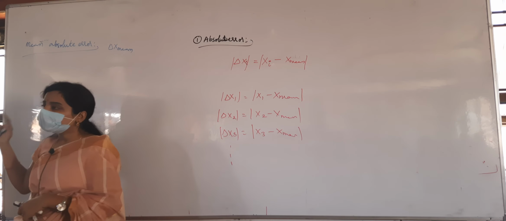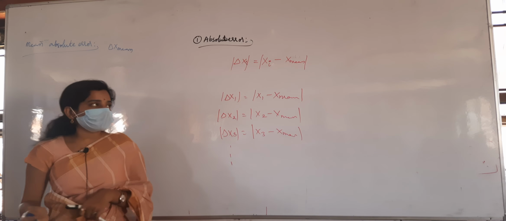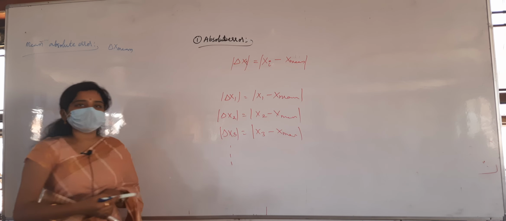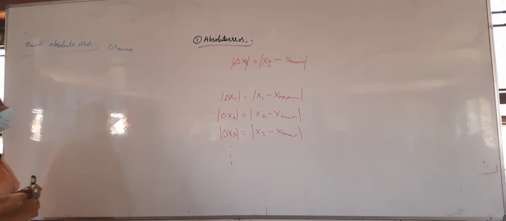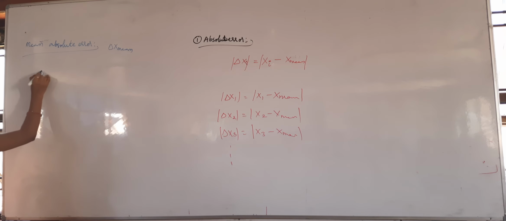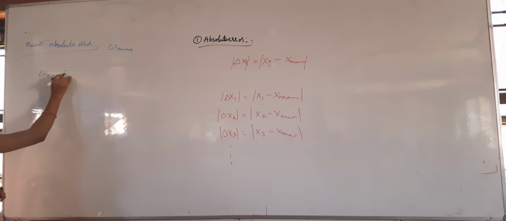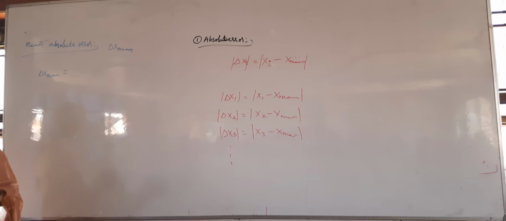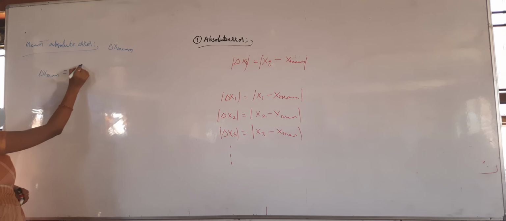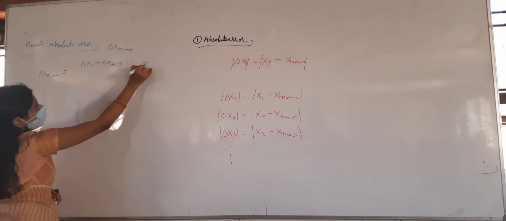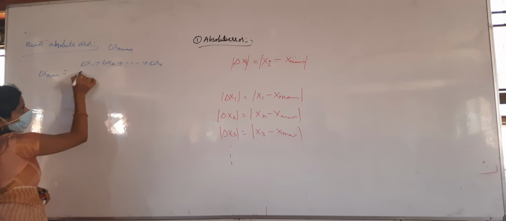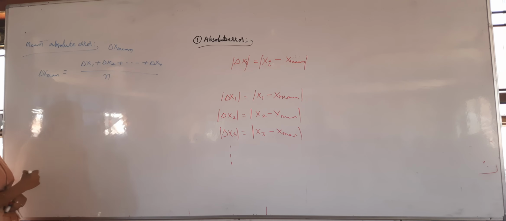Next one is mean absolute error. Whatever absolute errors we got, for that you have to take the average. That's it, you will get the answer there. So mean absolute error is nothing but the average value of all the absolute errors. Delta x mean is delta x1 plus delta x2 and so on up to delta xn, if n observations are there, divided by n.